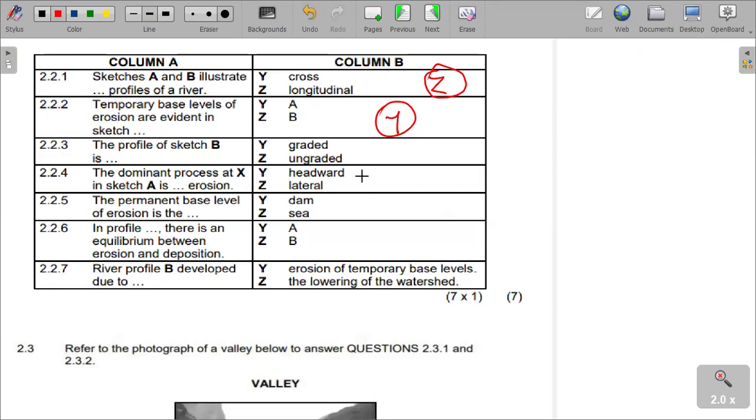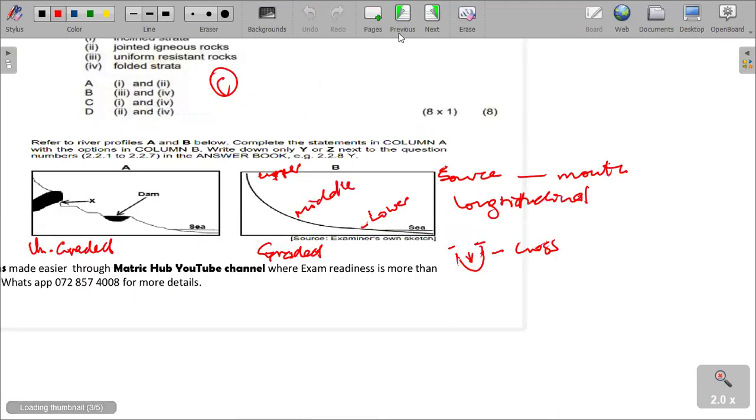The profile of sketch B is dash. Like I said, this is a graded profile because it is very smooth. It is equally balanced from the source to the mouth.